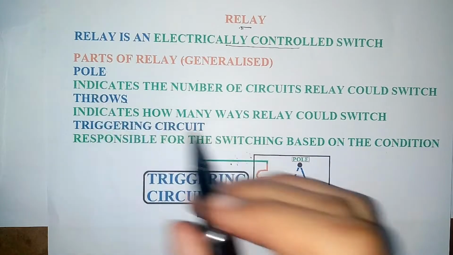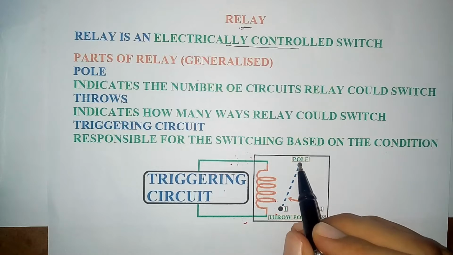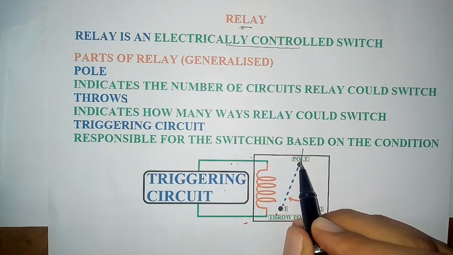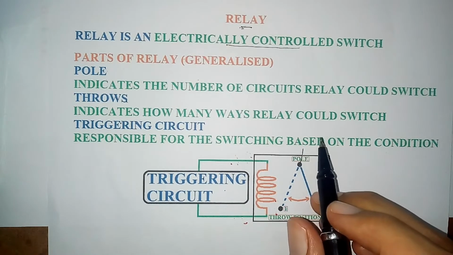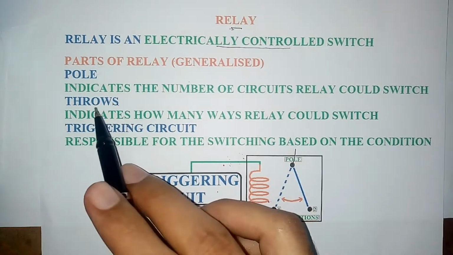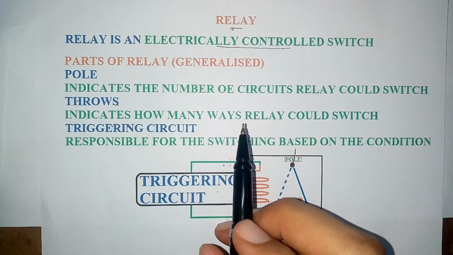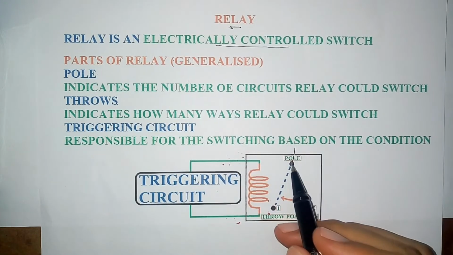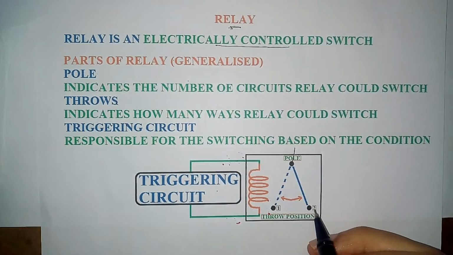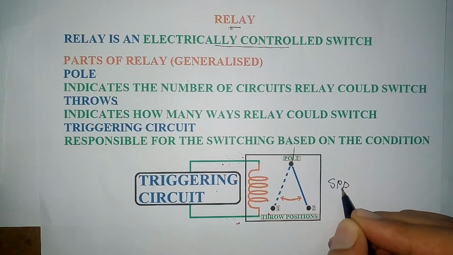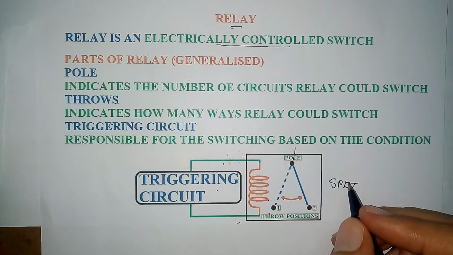Pole indicates the number of circuits the relay could switch. For single pole double throw, one circuit could be switched, and throws indicate how many ways the relay could be switched. So this is a single pole double throw SPDT type relay.